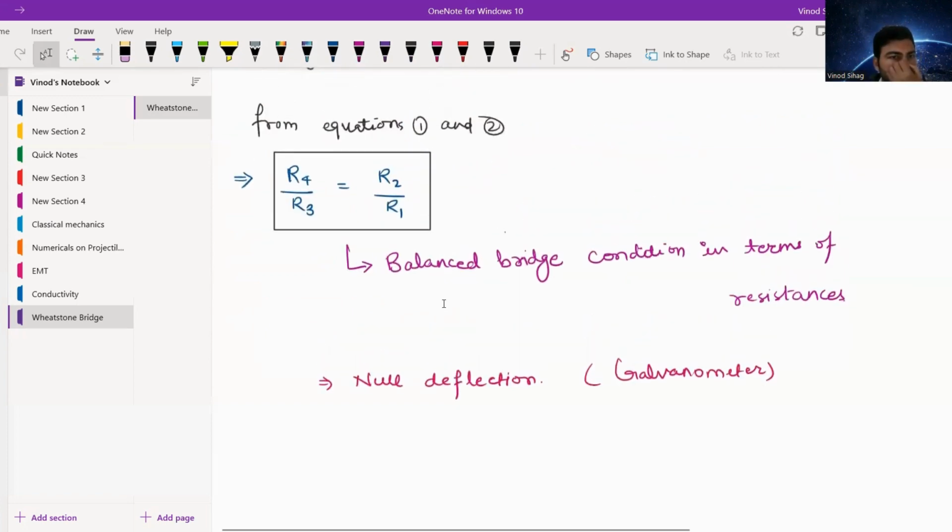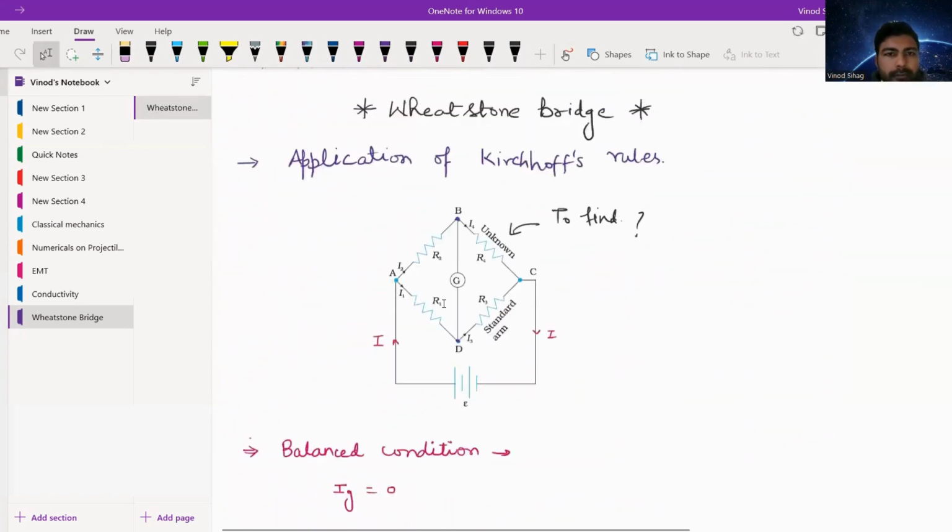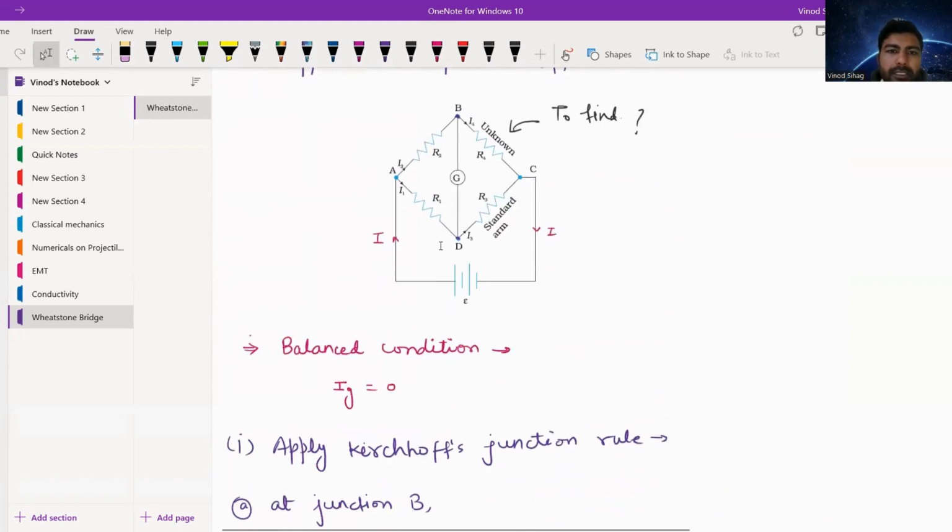Basically, if we see from where we started, the known resistors R1 and R2, and we have taken one standard resistor R3 that we can change until we are getting the null deflection condition, or zero current in the galvanometer arm.